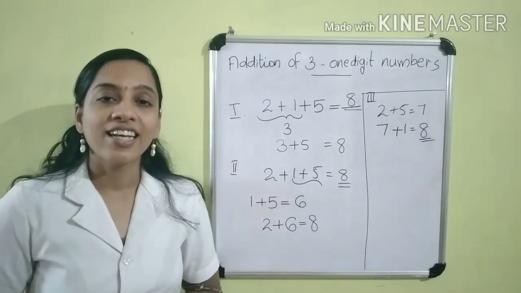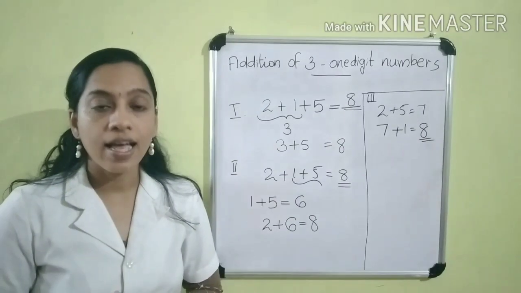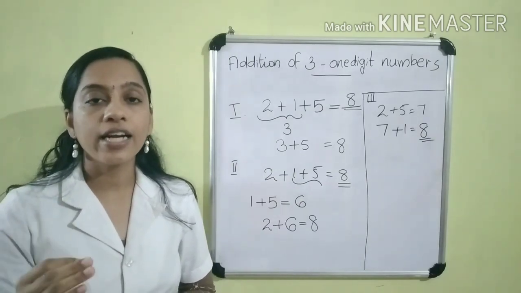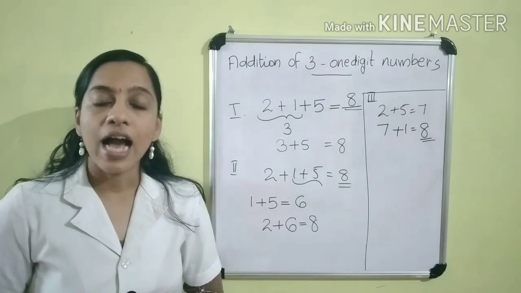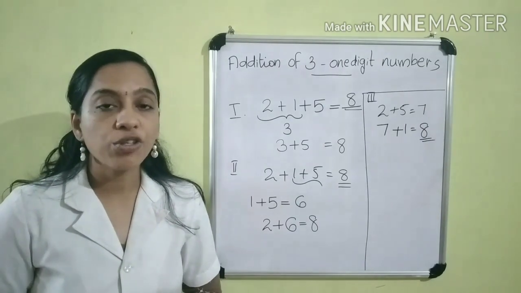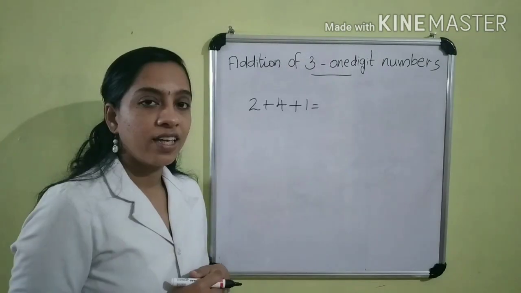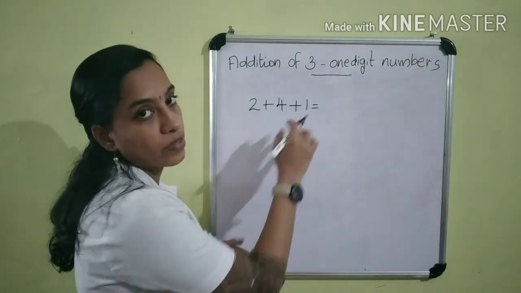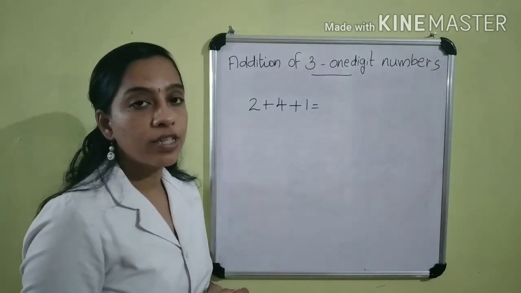So children, to add 3 numbers, add any 2 numbers first, then add the third number to the sum. I hope you have understood how to add 3 numbers. Let us solve one more example. 2 plus 4 plus 1. How do you do this?